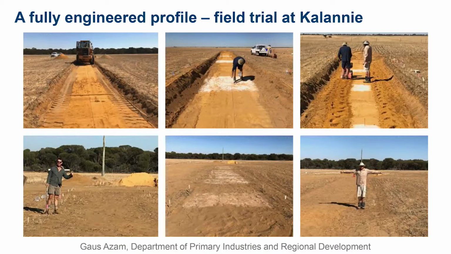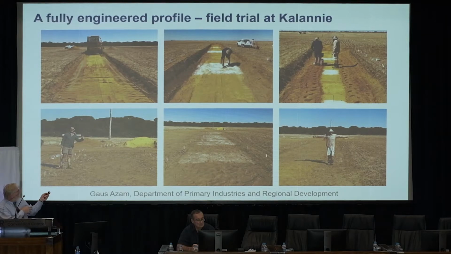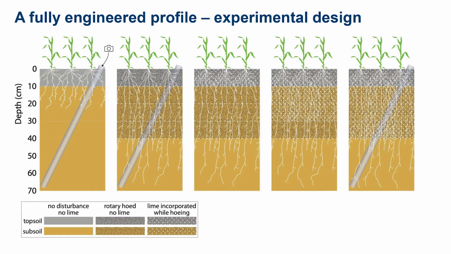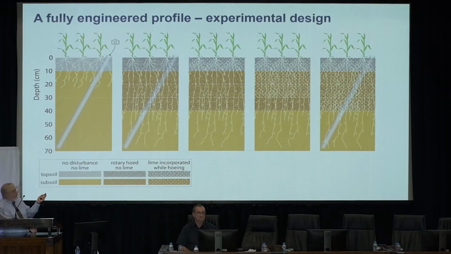We've done field experiments to find out if we are able to fully treat the profile, by removing compaction and acidity. In this particular site, we took out the soil layer by layer in a trench, applied lime at various treatment plots across that trench, and reincorporated the soil back in, so that we had a series of treatments: a control, a situation without compaction, and then the other treatments of lime at different depths.